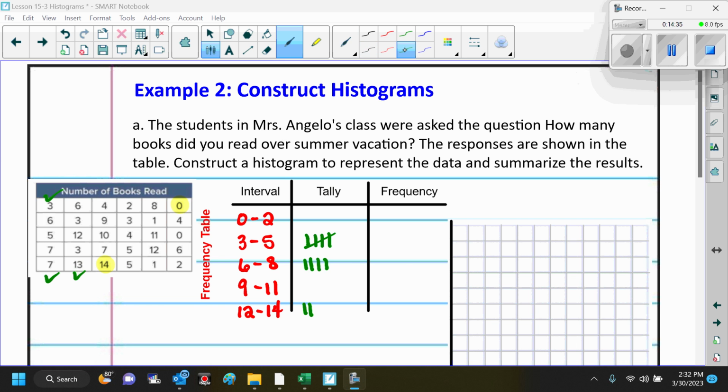Let's see. So we've got 9, 10, 7 goes here again. We put the line, and 14 down here. That's that one. Then we've got 2, 3, 4, 5, 5.